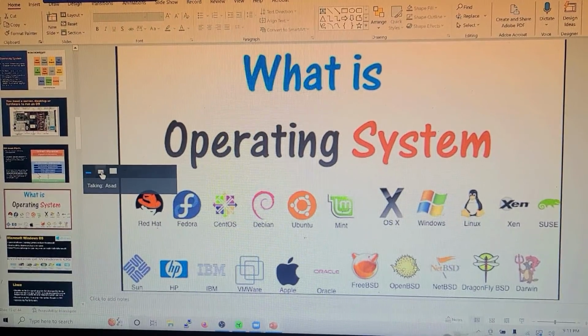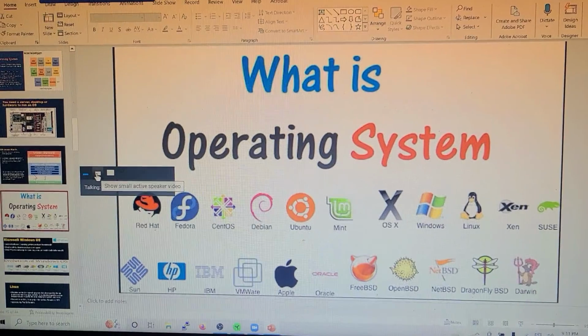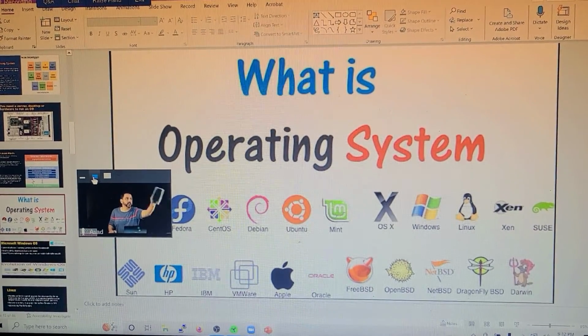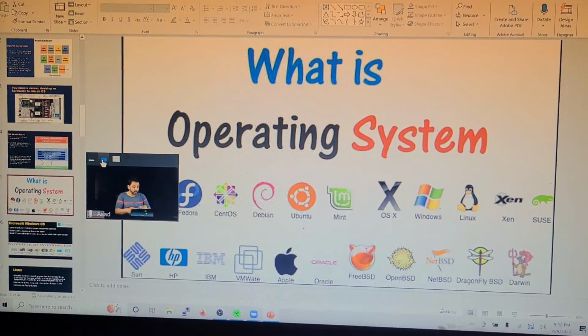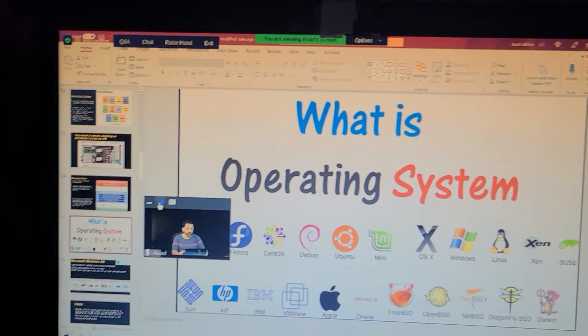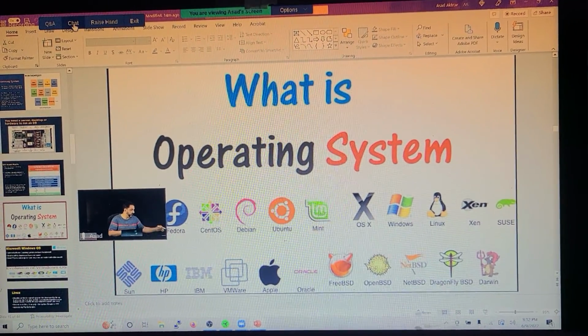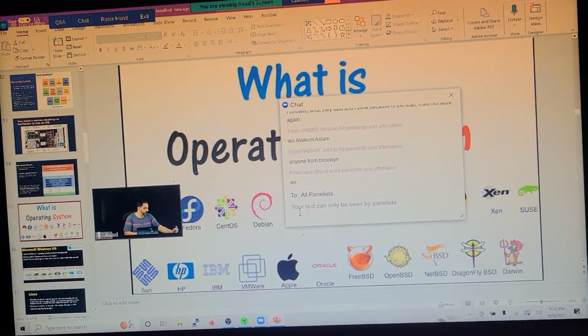What's the mentality behind that major difference? How is Linux different from Windows? This is another question an interviewer can ask you. How is Linux different from your Windows operating system?